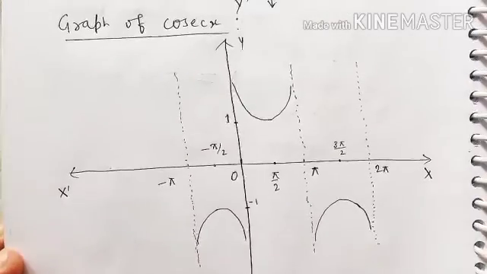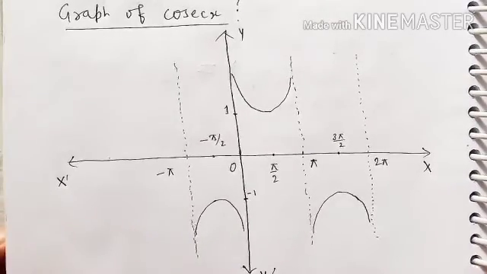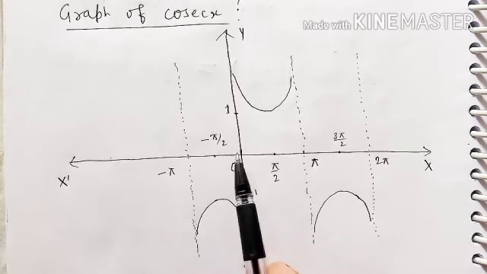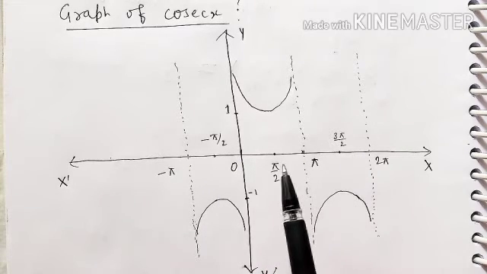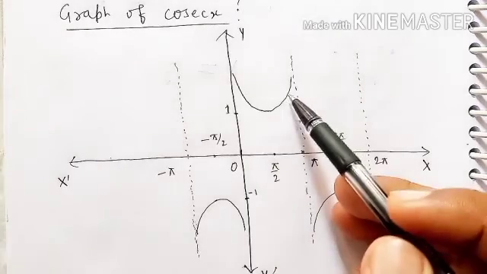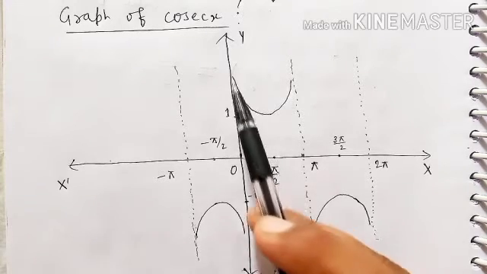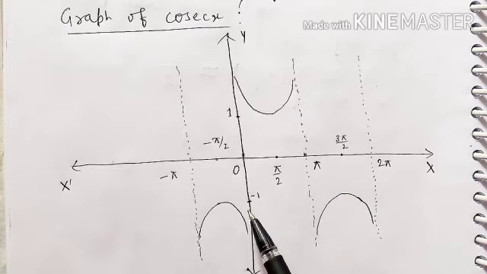Now the graph of cosec x. Here cosec x is undefined at integral multiples of pi. So we may see that at minus pi, 0, pi, 2 pi, it just wants to touch, and its value is more than or equal to 1, or less than or equal to minus 1.